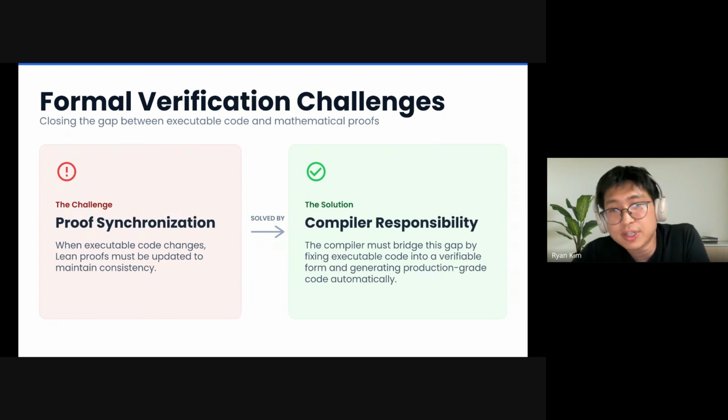The link proof now lives on a verifiable form, not on executable code, not on hardware. The form doesn't change when the CPU vendor changes. The form doesn't change when the MSM gets a new algorithm. The form is the invariance point between spec and execution. That's how you break the synchronization loop, and that's why we need a compiler.